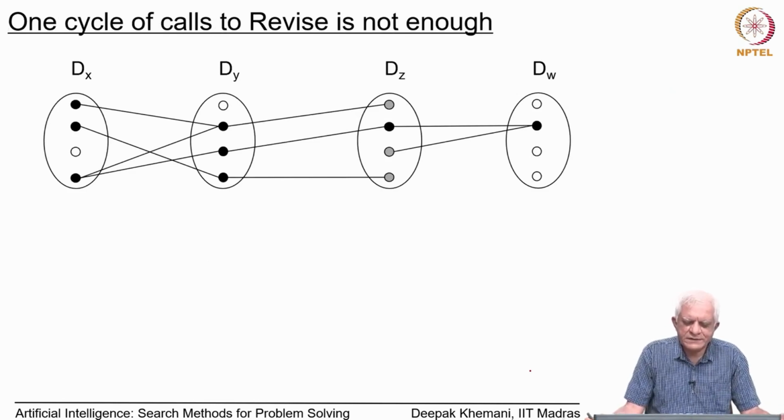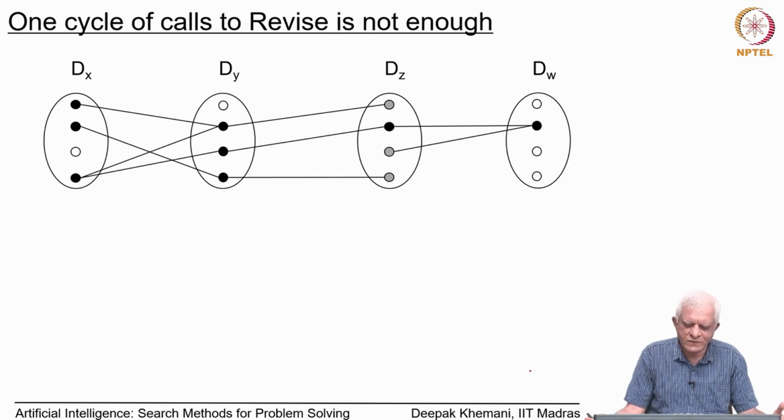So, let us look at a constraint graph. We have spoken about the matching diagram earlier, right? And so, this is a matching diagram for the constraint graph, and we have 4 variables x, y, z and w. X is related to y, y is related to z and z is related to w, and these are the values.